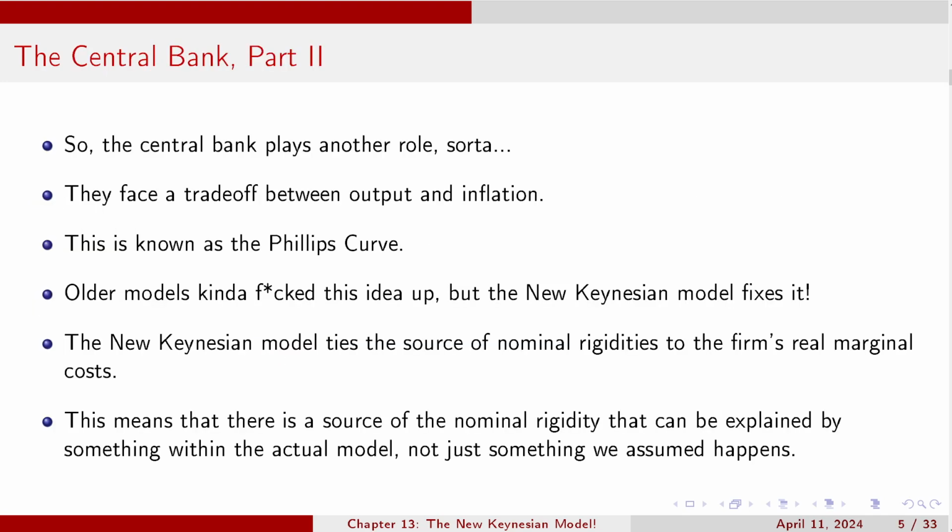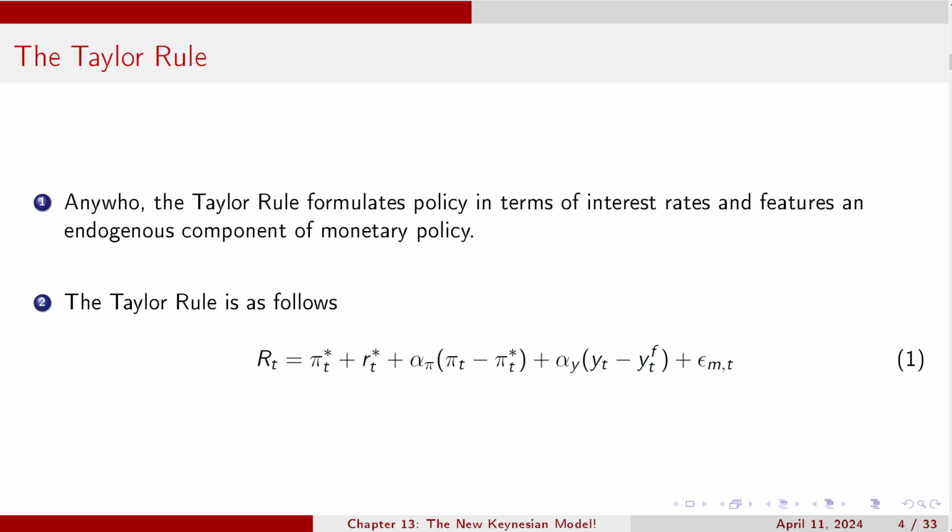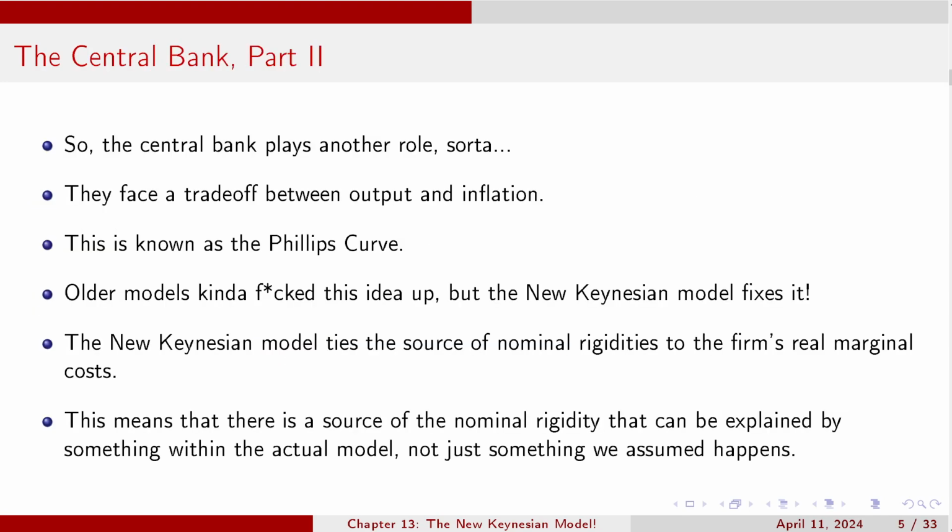Okay, but the central bank plays another role because they face a trade-off between output and inflation. Now, you can kind of actually see that here because they're focused on both output and inflation in this model. They're not solely focused on one and not focused on the other at all, nor are they not focused on either one. They're focused on both.